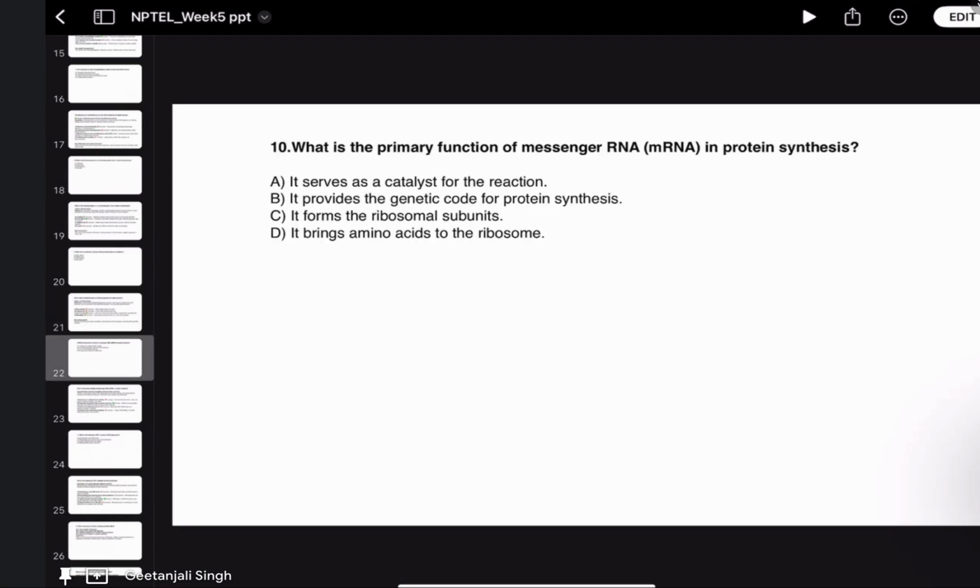What is the primary function of mRNA in protein synthesis? A. It serves as a catalyst for the reaction. B. It provides the genetic code for protein synthesis. C. It forms the ribosomal subunits. And D. It brings amino acids to the ribosomes.